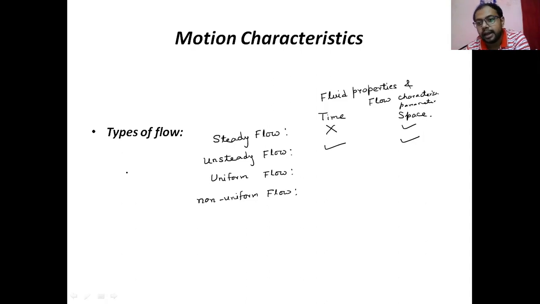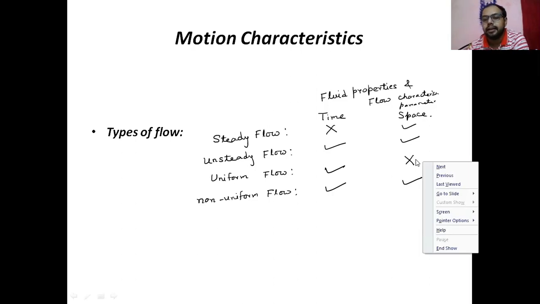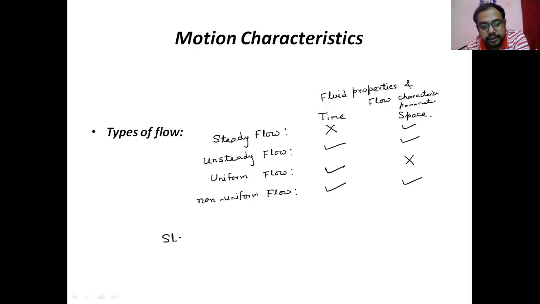Unsteady flow, there is time dependence. Uniform flow is position independent. So in one case, time independent, in the other case, position independent. Now, if you consider steady and uniform flow together, steady means time independent and uniform means position independent.